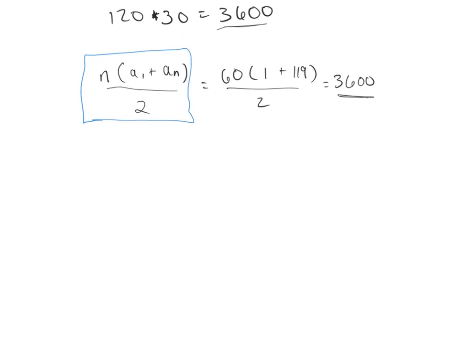The next thing is, what if we want to find a partial sum? We want to add the numbers in an arithmetic sequence and find the partial sum of that.